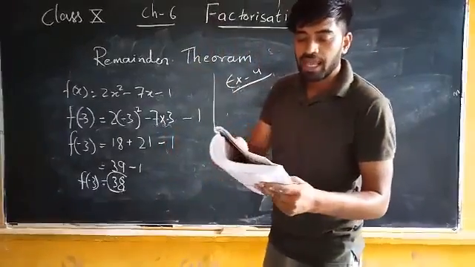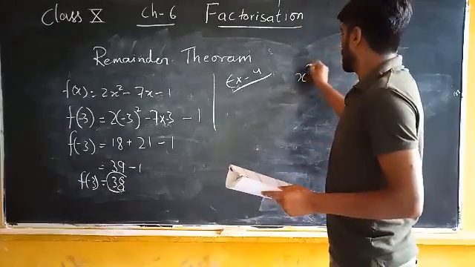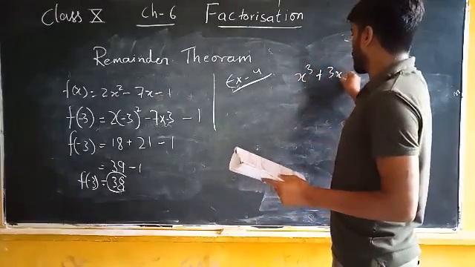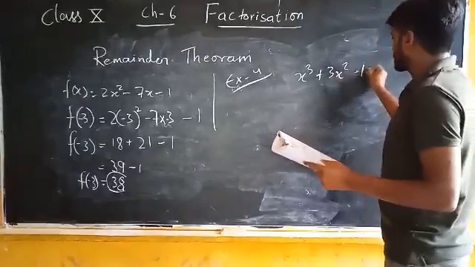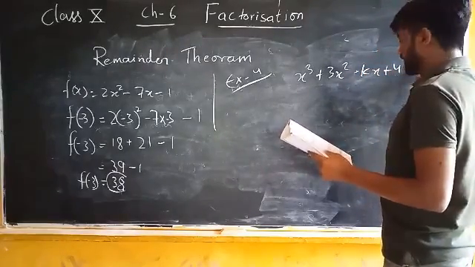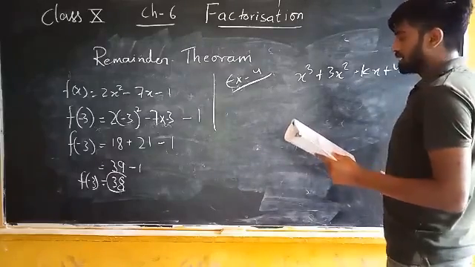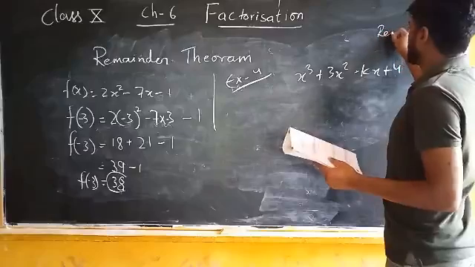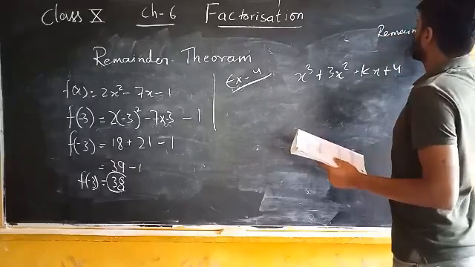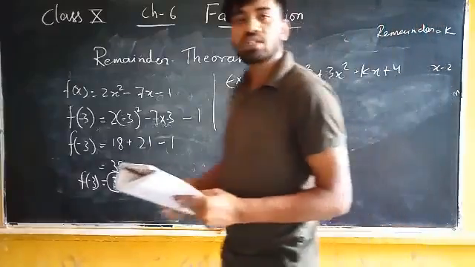It says when x cube plus 3x square minus kx plus 4 is divided by x minus 2, the remainder is k. What is the remainder? They have already given me the answer. Remainder equals k. Find the value of the constant k.